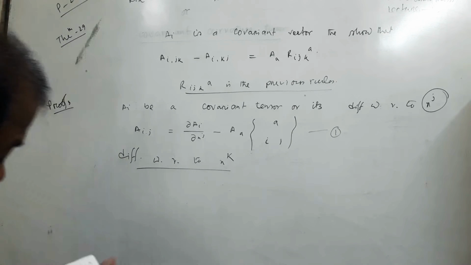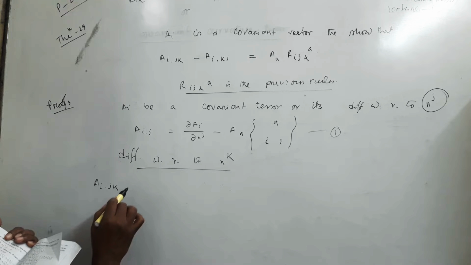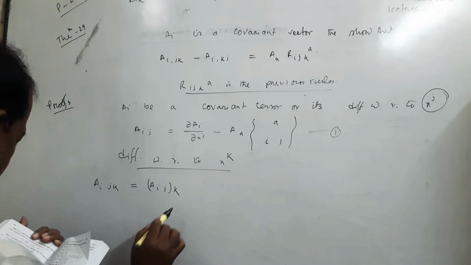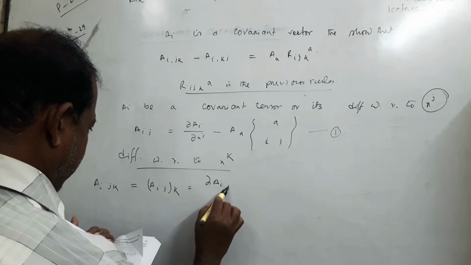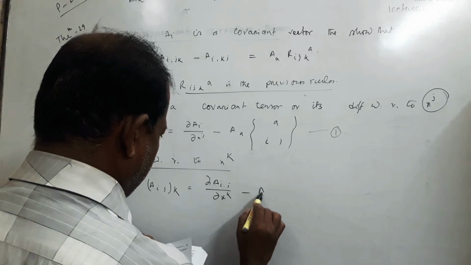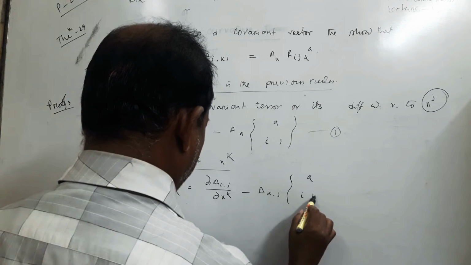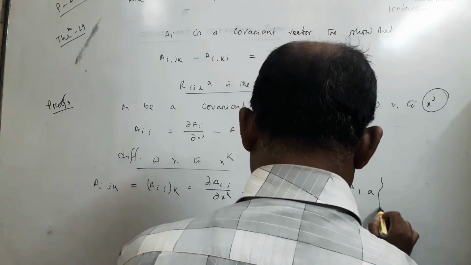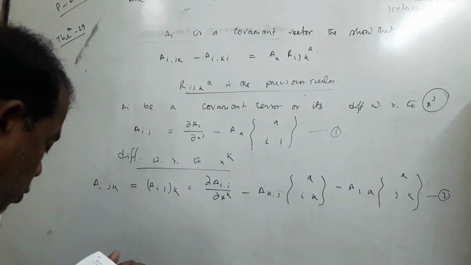So Ai,jk equals Ai,j all of k, which equals del aij divided by del xk minus a kj a of I k minus a I a of aj and k. This is equation number 2.